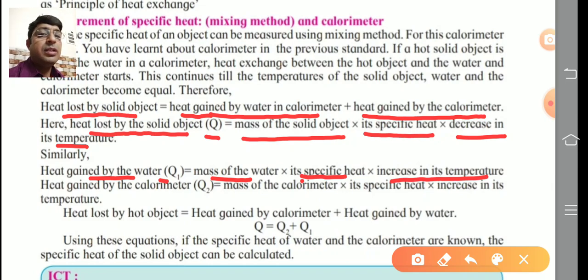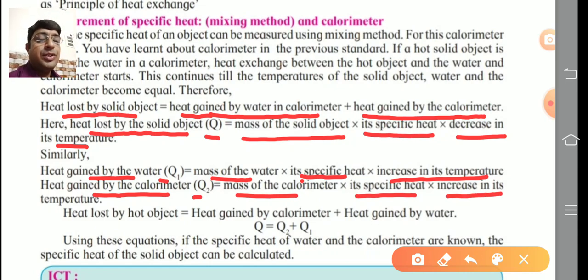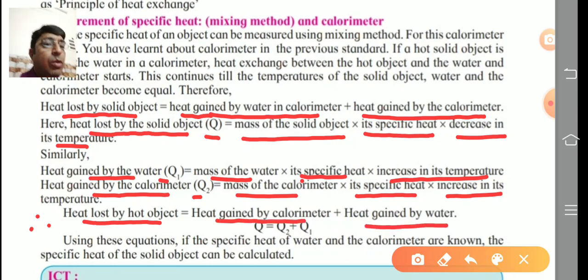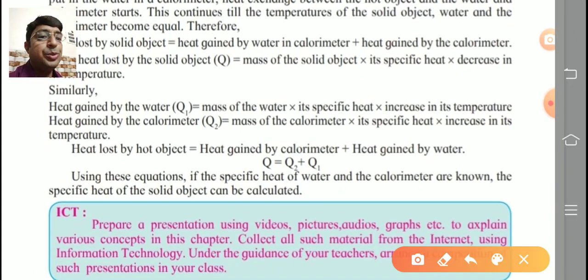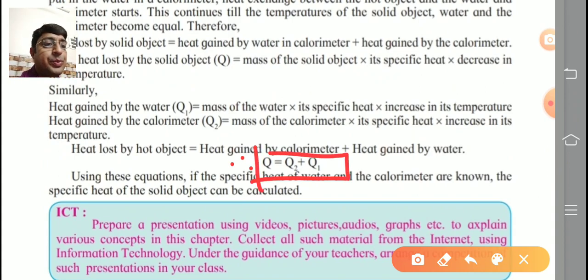And one more, heat gained by the calorimeter, indicated by Q2, is equal to mass of calorimeter multiplied by its specific heat multiplied by increase in its temperature. So we get this final formula here. Heat lost by the hot object is equal to heat gained by the calorimeter plus heat gained by the water. In short, symbolically we write capital Q equals Q1 plus Q2.